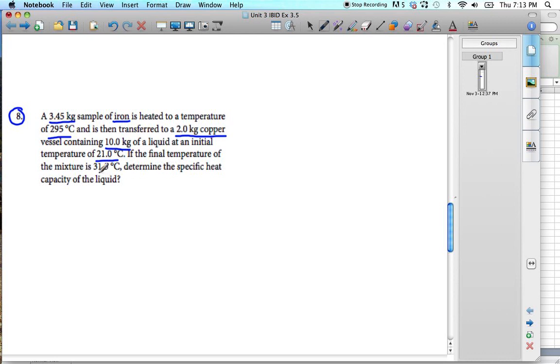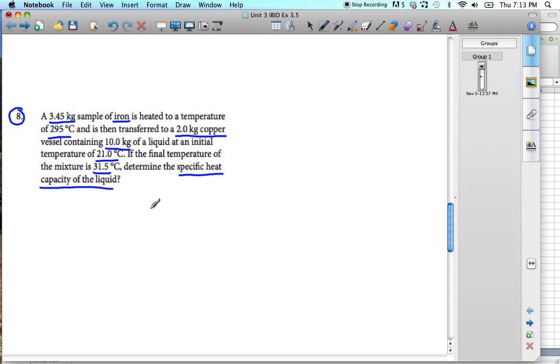The final temperature of the mixture is 31.5 degrees, and we can assume that would be the temperature of all of the iron, the copper, and of this liquid. We need to determine the specific heat capacity of the liquid.